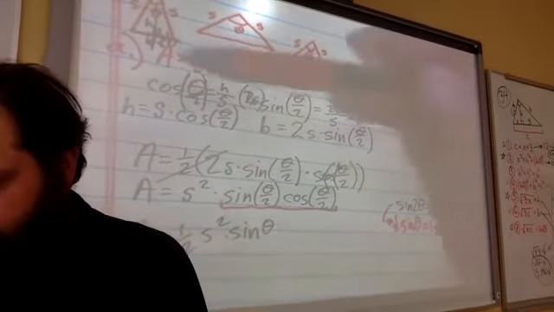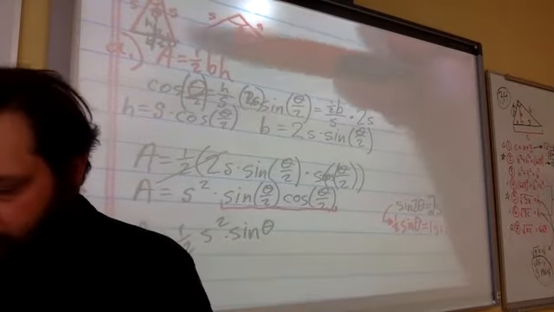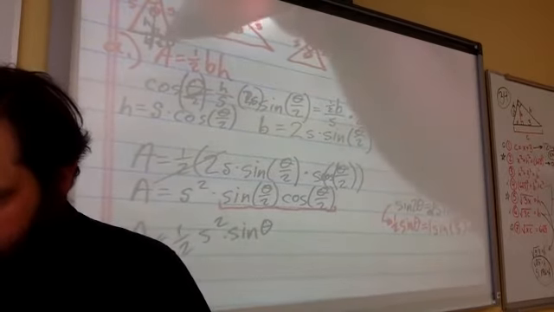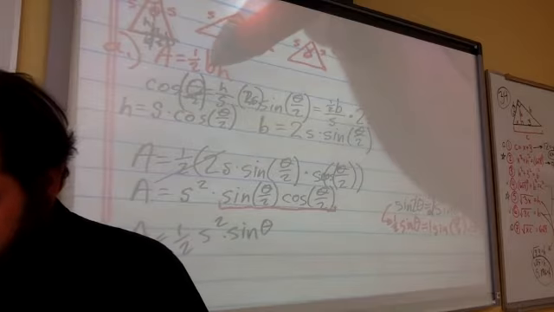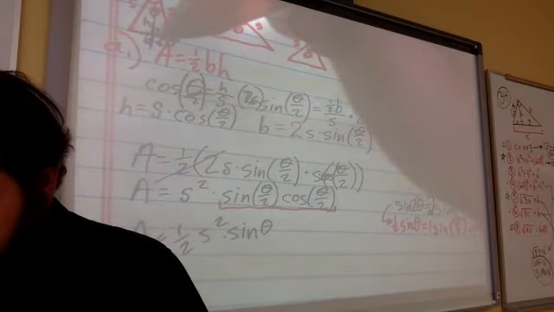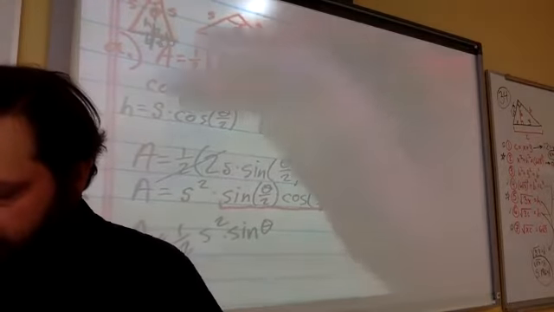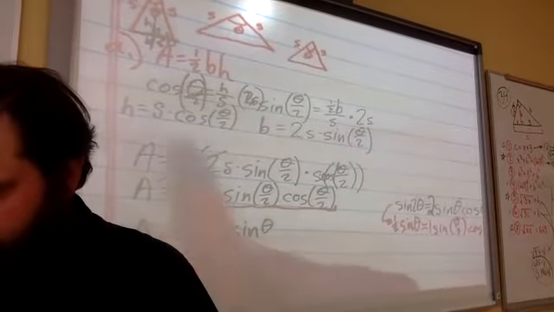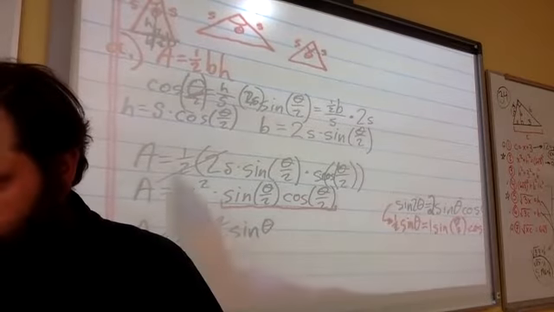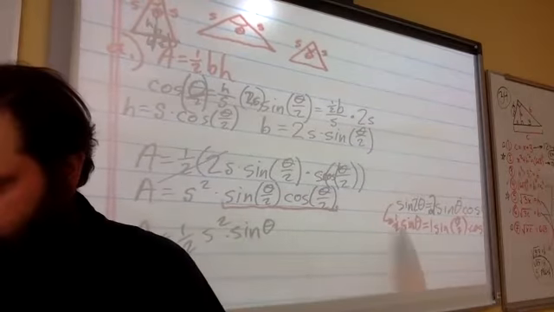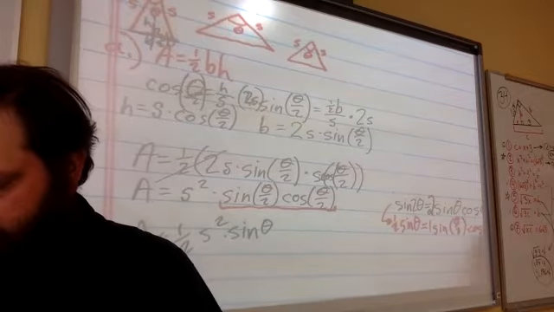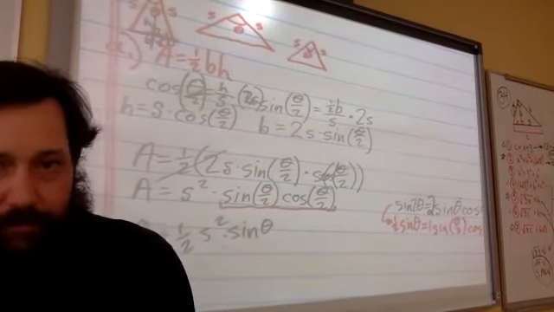So we started with area is 1/2 bh. I changed the spelling of all this stuff. H and B. 1/2 bh, simplify, trig substitution, and we got there.